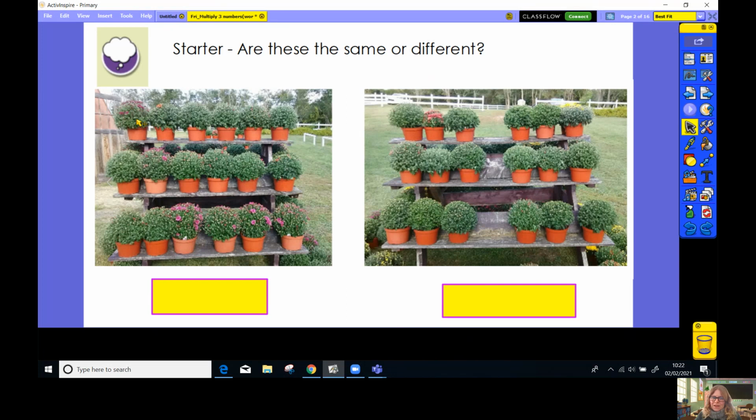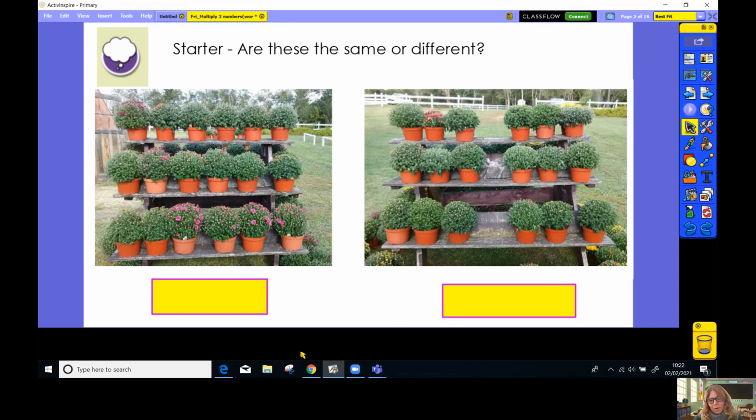There are also 1, 2, 3, 4, 5, 6, 7, 8, 9, 10, 11, 12, 13, 14, 15, 16, 17, 18 pot plants in this picture, and there are 18 pot plants in that picture. They are the same in that way. But what is different? Well, they are arranged differently, aren't they?